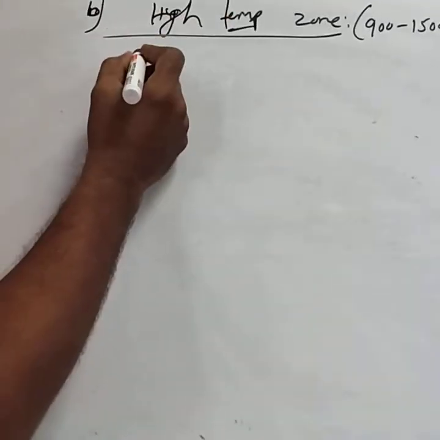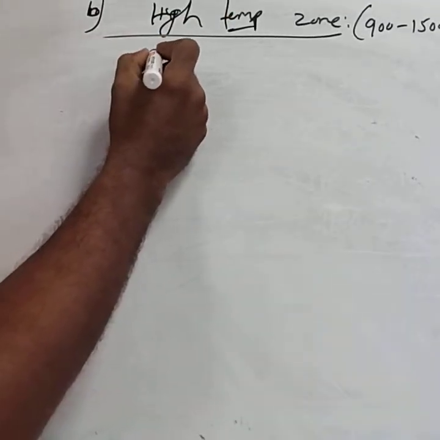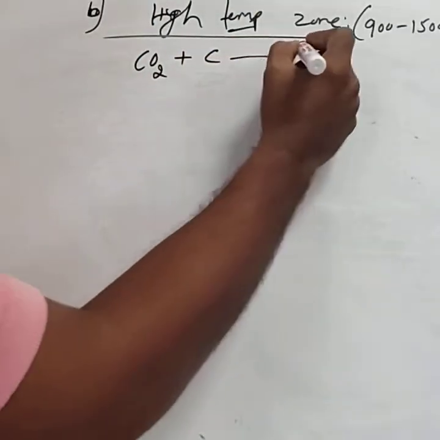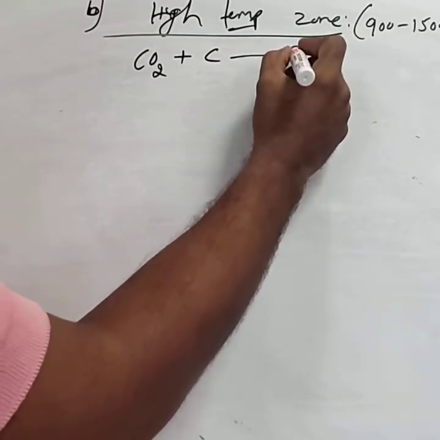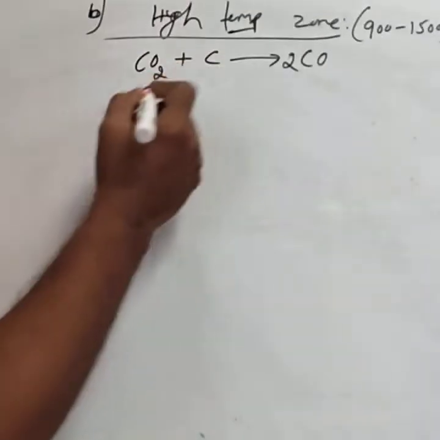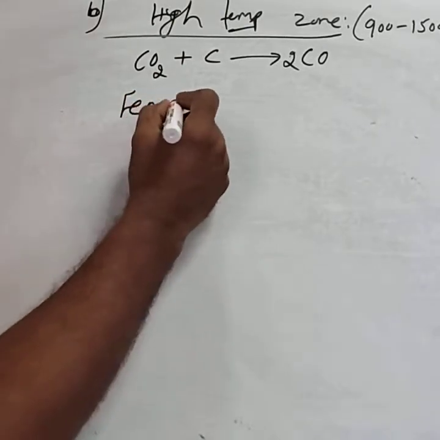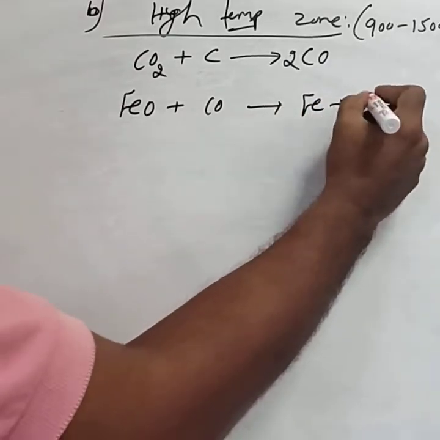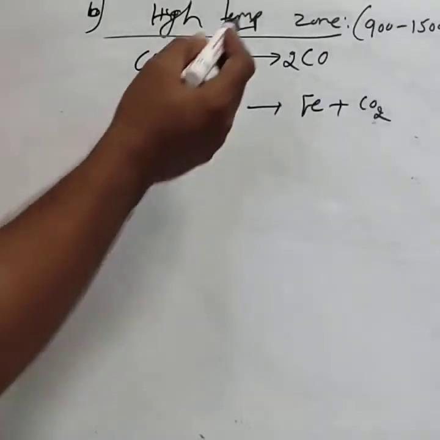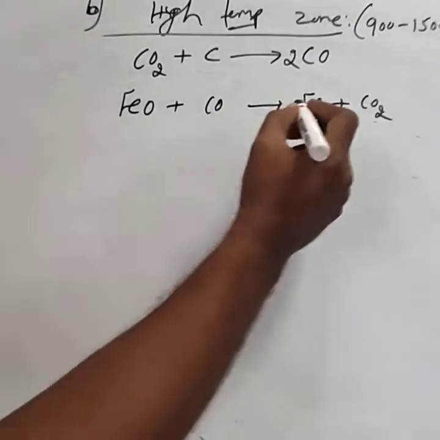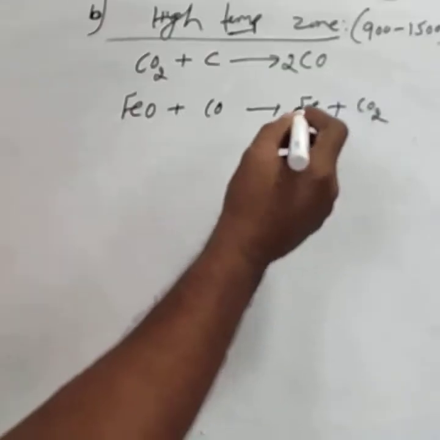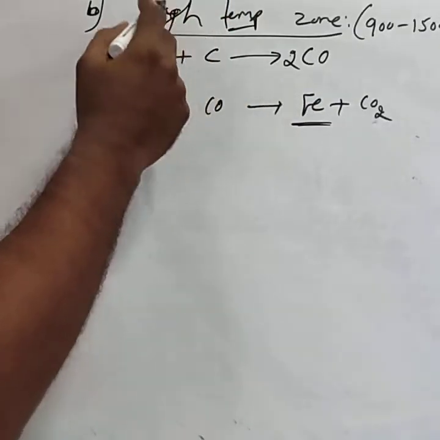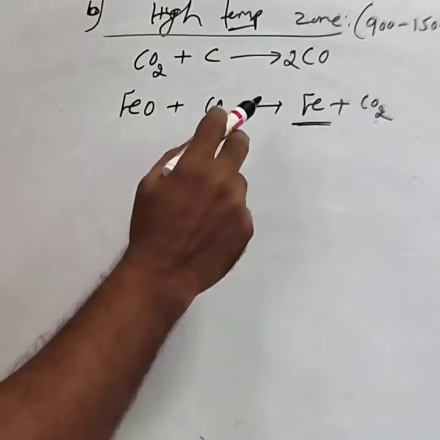In this high temperature zone, CO2 plus C is converted into 2CO. This formed CO and FeO plus CO get converted into Fe plus CO2. This is the high temperature zone, and this is the iron obtained from the blast furnace. This is about the chemical reactions. They can ask just the low temperature zone and the high temperature zone.